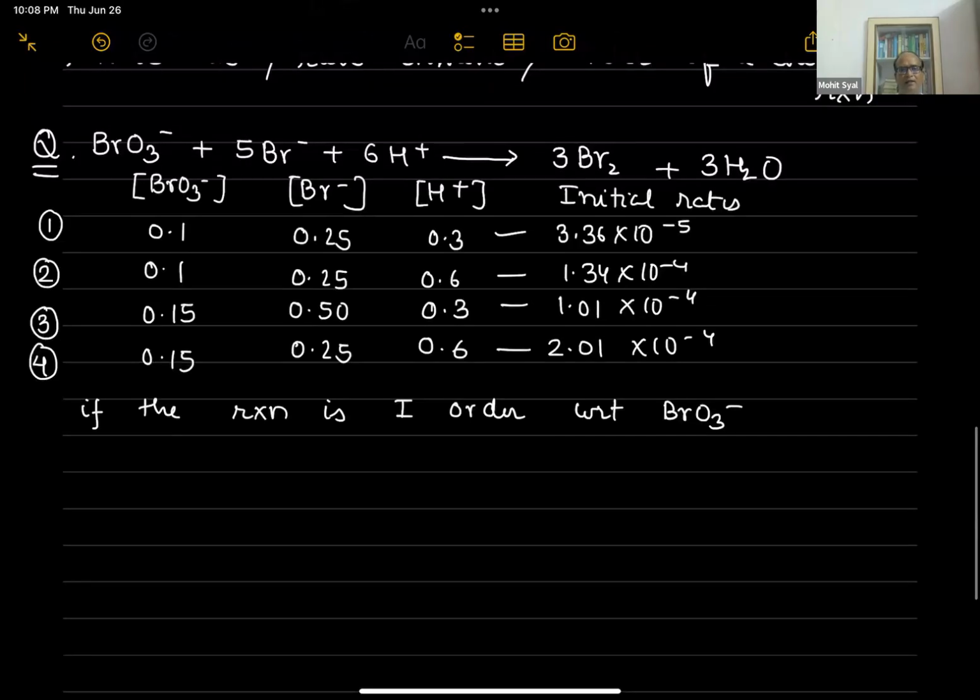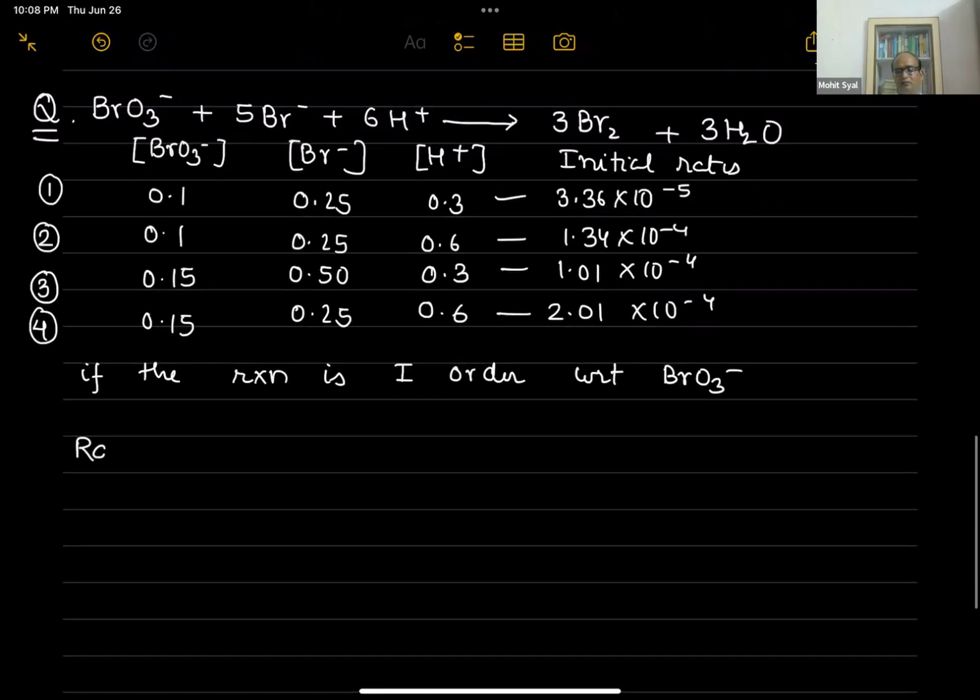You write the general expression, taking the order with respect to each reactant as X, Y, and Z. You put these values, four sets of values.